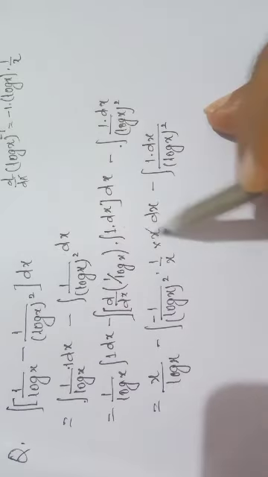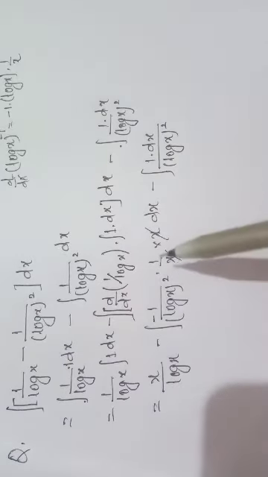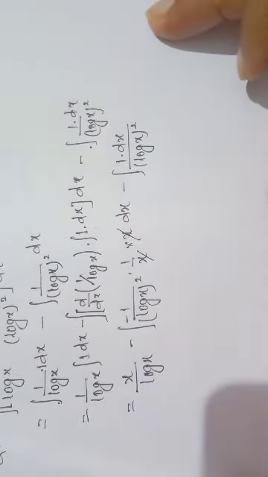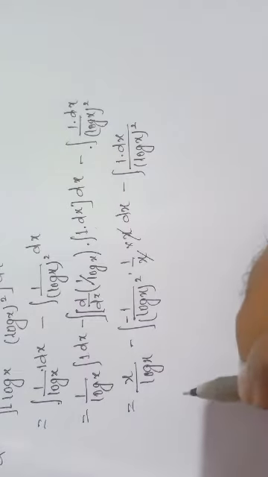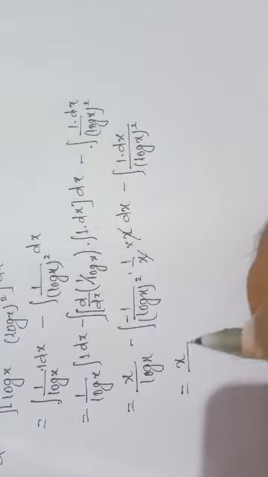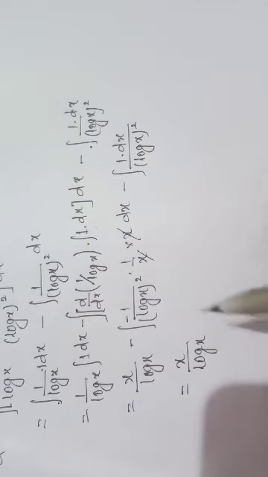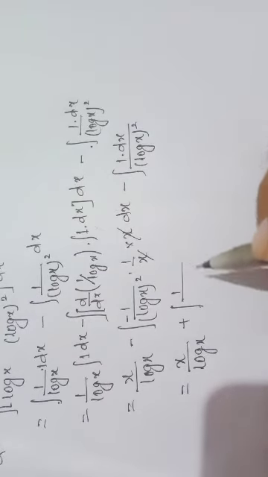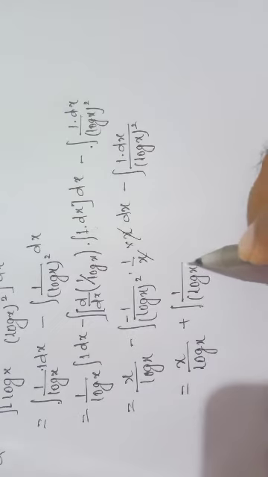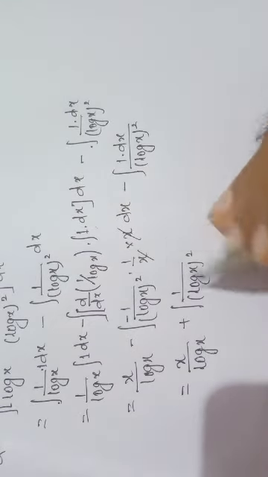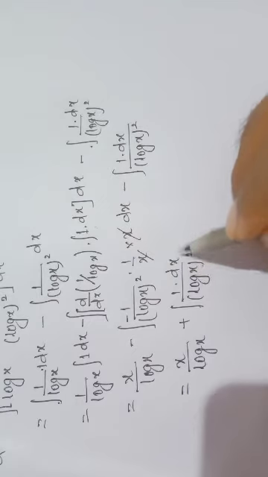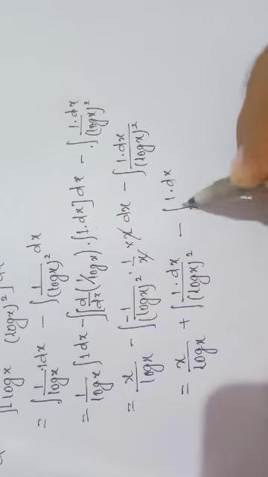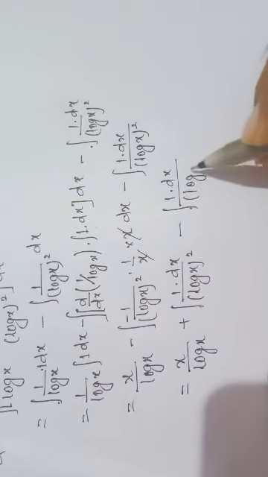See, x and x should cancel, minus and minus becomes positive, that is plus. So we should write it as x upon log x plus the integral of 1 upon log x whole square into 1, that means 1 into dx, and the next second part of the question is 1 into dx upon log x whole square.